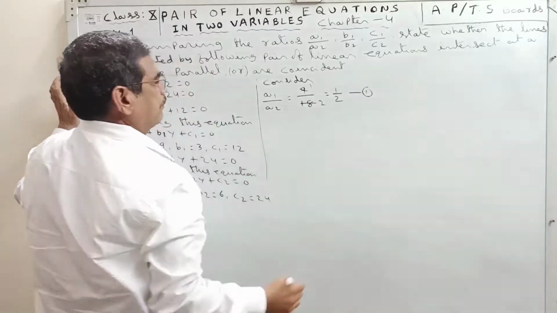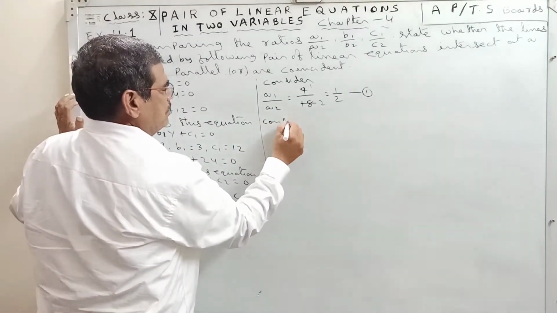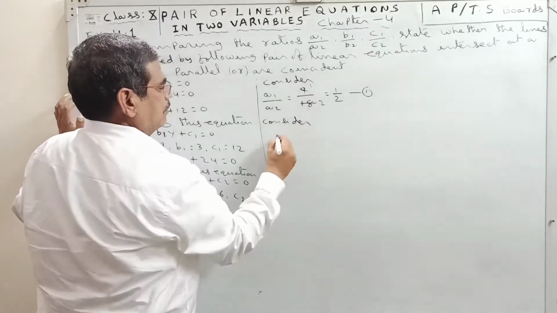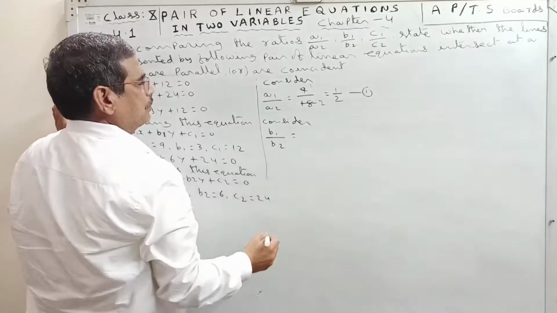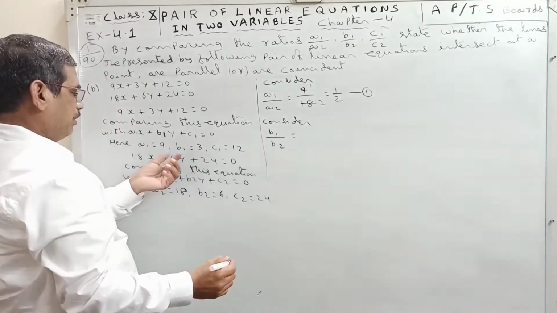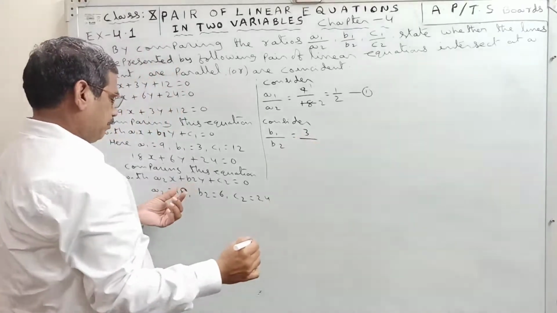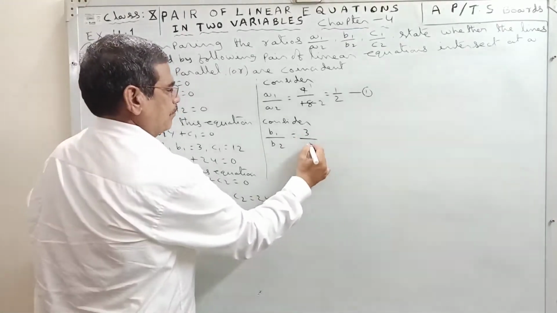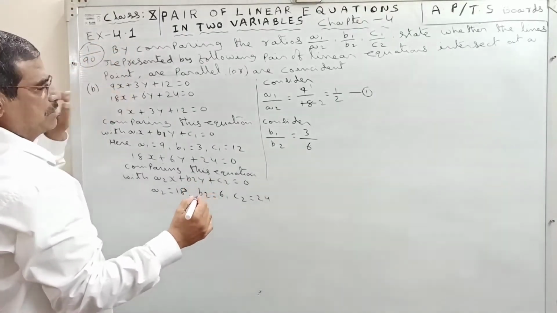Put 1. Second, consider b1 by b2: b1 is 3 and b2 is 6.